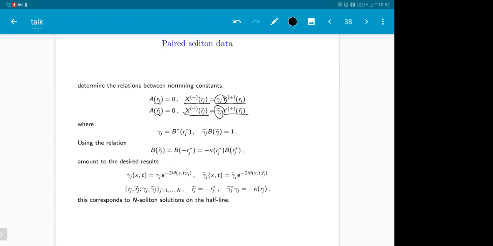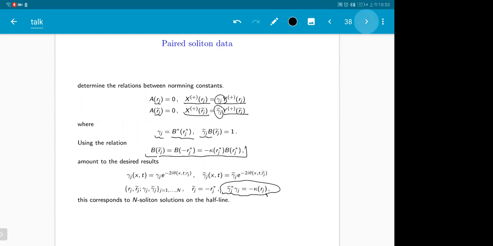So we have the bound state for the space part of the Lax matrix, and actually this gamma can be related to this B function, and due to the symmetry of the B function, we can show that this gamma J and the gamma tilde J star are related by this relation. So that's the key relation if you want to consider the N-soliton solutions on the half line.